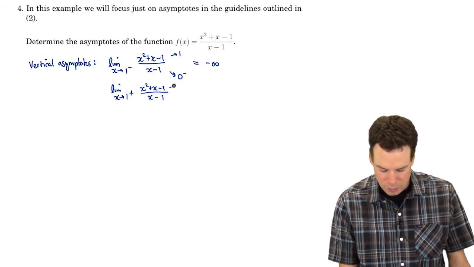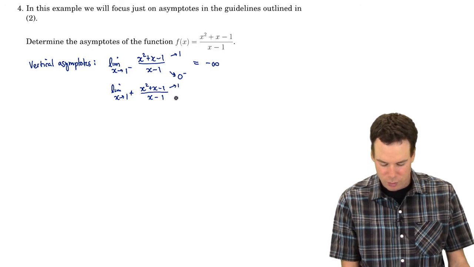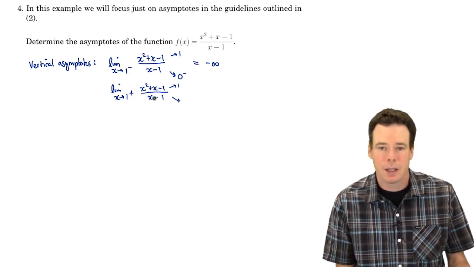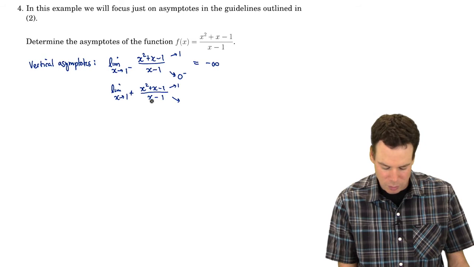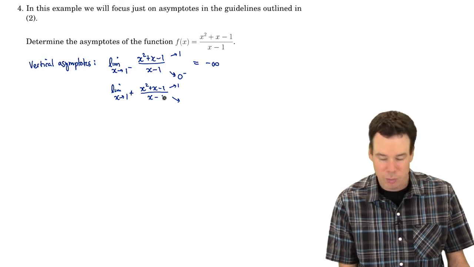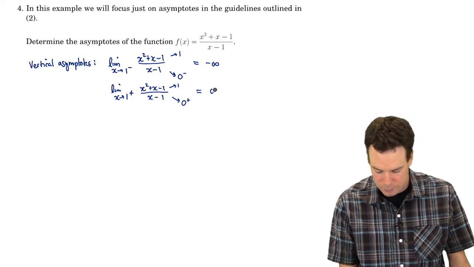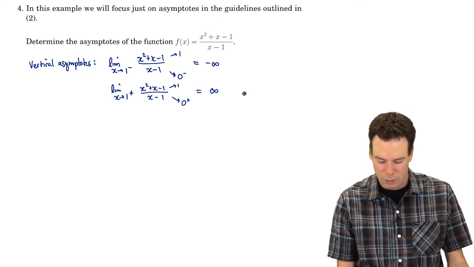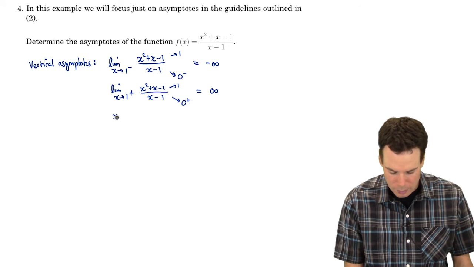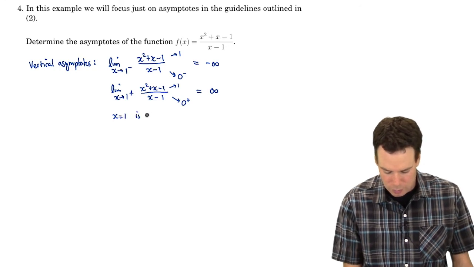You're still going to 1 on the top, but the bottom is x minus 1, a number slightly bigger than 1. Take 1 away, that's a number slightly bigger than 0, so it's heading towards 0 through positive values. And you're heading off towards infinity. So x equals 1 is a vertical asymptote.